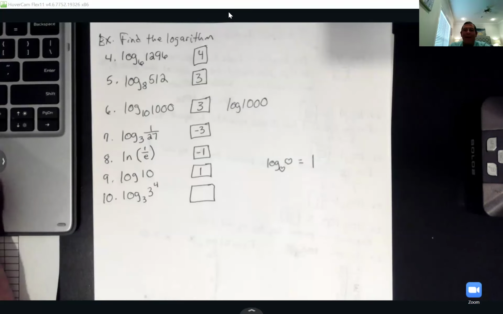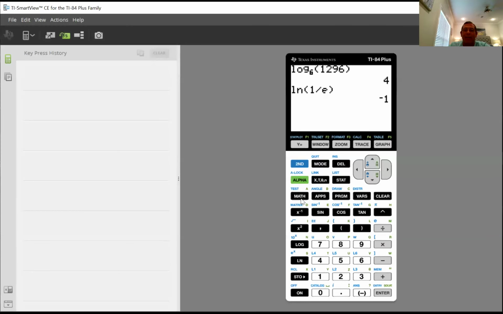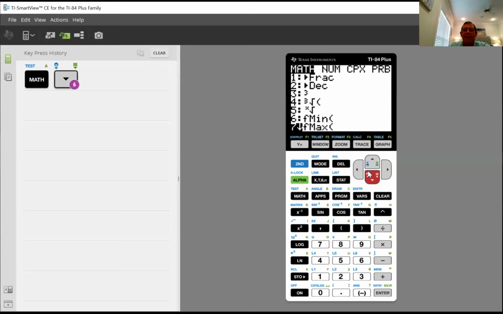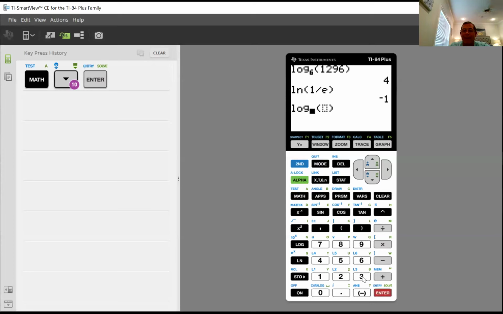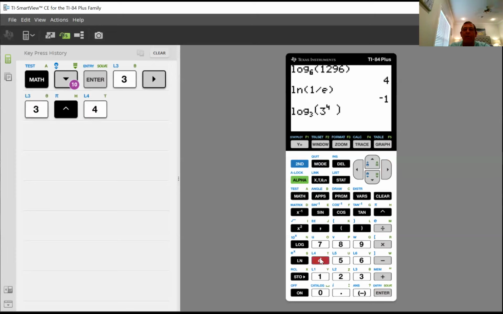Good job. So I'd start out going to math and getting that log base. Our base was a 3, and then our result was a 3 exponent 4. All it's in there exactly like it looks.